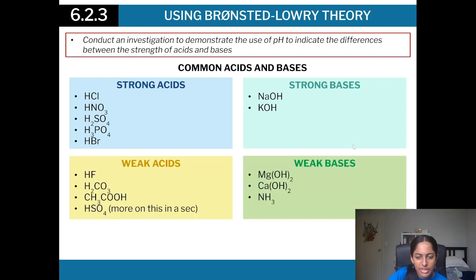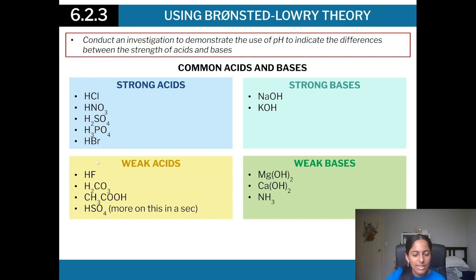You will also just need to memorize your common acids and bases, such as your strong and weak ones. So for strong acids, it's pretty much just HCl, HNO3, H2SO4, H3PO4, and HBr. Note that H2SO4 and H3PO4 are strong when they first ionize, but later on it becomes a weak acid.